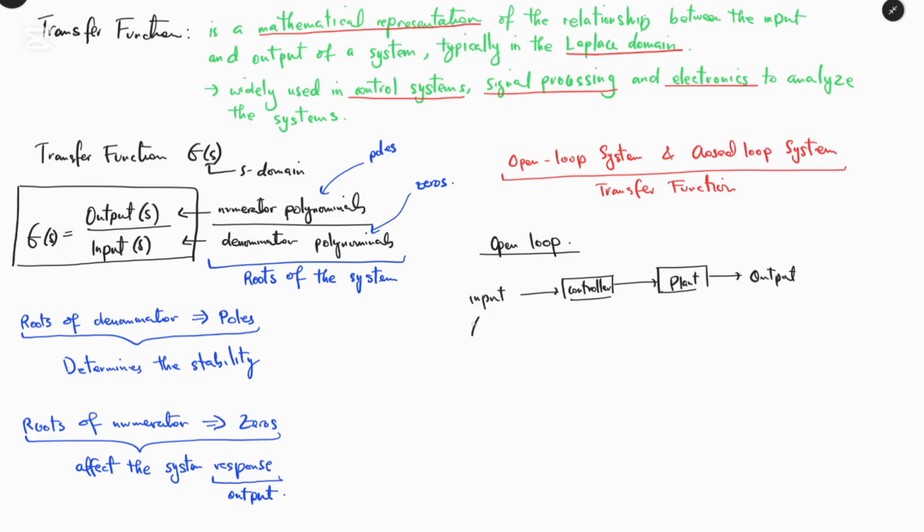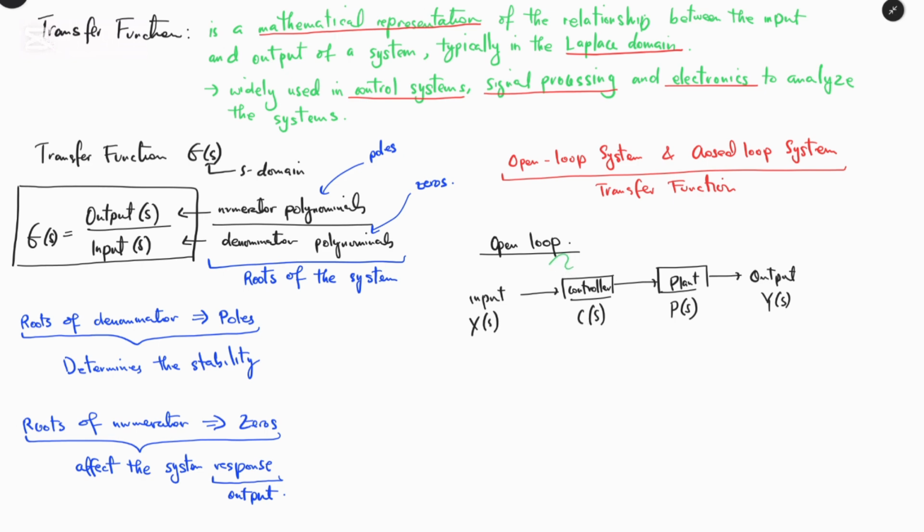And if we say the input is x of s, which is a signal representation of the desired signal from the input, represented in the s domain, we can have the controller as c of s, and for the plant we can say p of s, and the output we can say y of s. Because a controller is a system having parameters that may influence the input, it can now be represented as C of S.